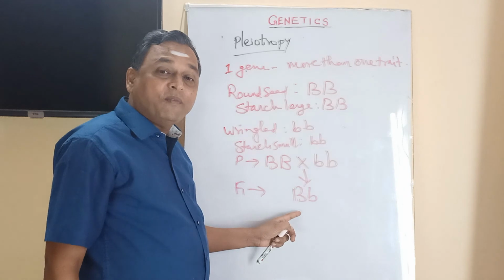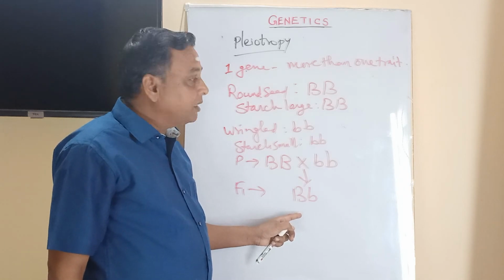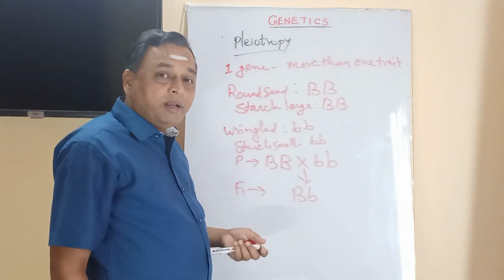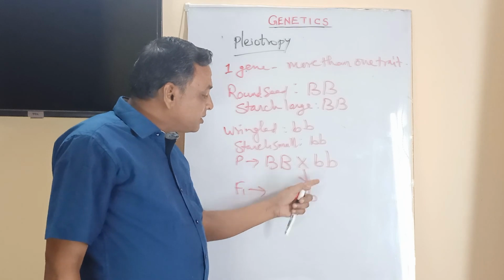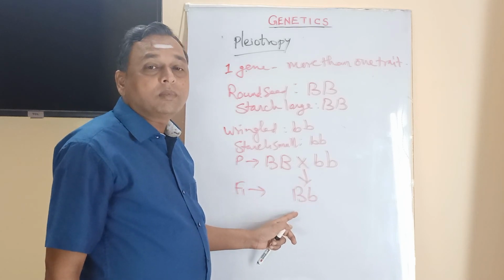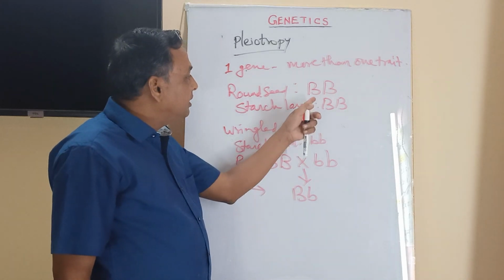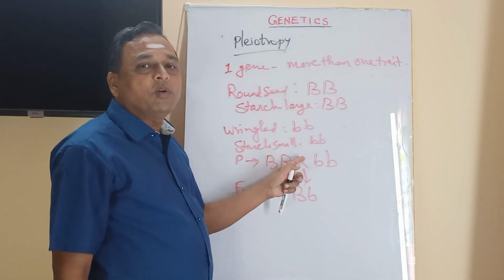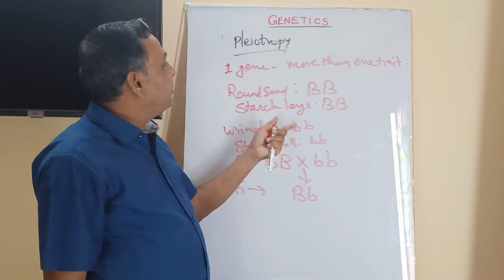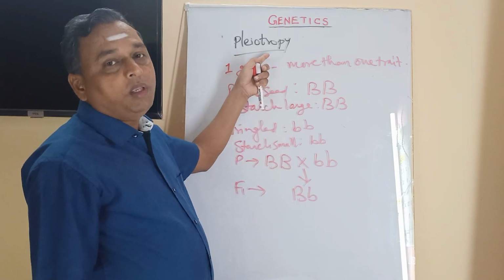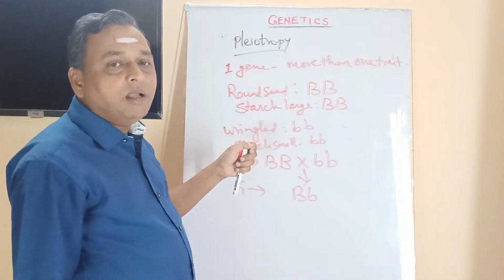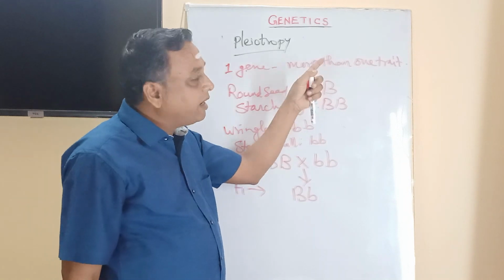It is a different type of expression here. Starch grain size, what does it express? Incomplete dominance. But in the shape, complete dominance. Same gene, the same gene responsible for both things. So that's why we call it pleiotropy. One gene controls more than one trait.